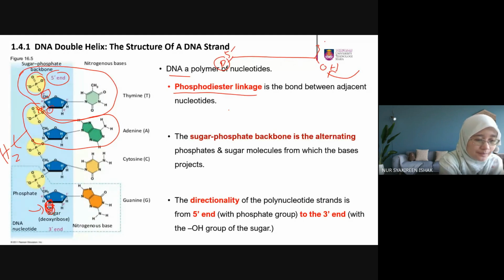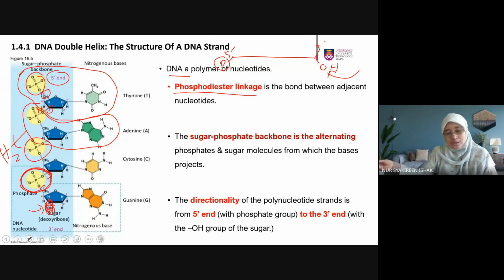It is between carbon number 3 and carbon number 5 here. So this is the phosphodiester bond, between the carbon number 3 phosphate and carbon number 5 of the next nucleotide. This is the phosphodiester linkage, attached between adjacent nucleotides.